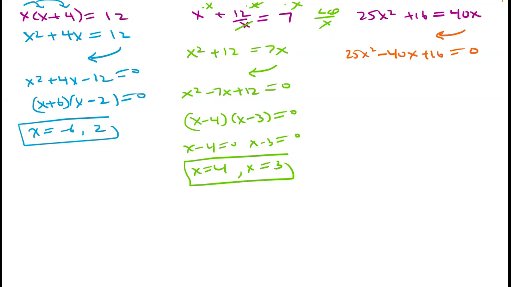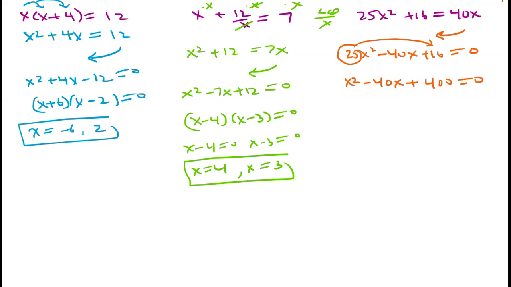Now, trying to find a common factor because these are kind of big terms, but we have a 5, that's an odd number, and 40 and 16 are even, so there is no common factor between them. So what we need to do now is take that 25 and multiply it to the back. So we get x squared minus 40x plus 25 times 16, which is going to give us 400.